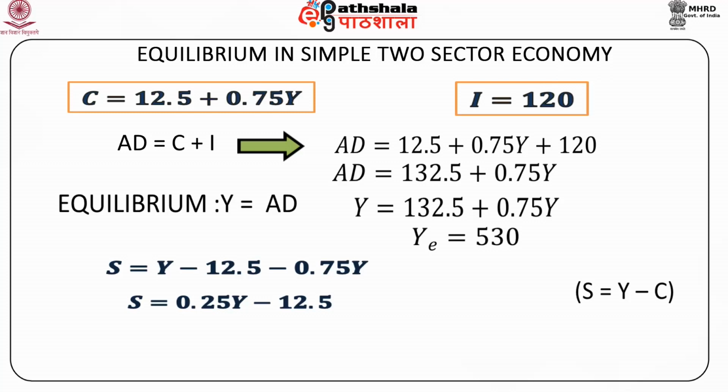Substituting the value of y, that is 530, in this equation, we get S is equal to 0.25 multiplied by 530 minus 12.5, which is equal to 120 and which is finally equal to the investment. Hence, at this output level, savings is equal to investment.